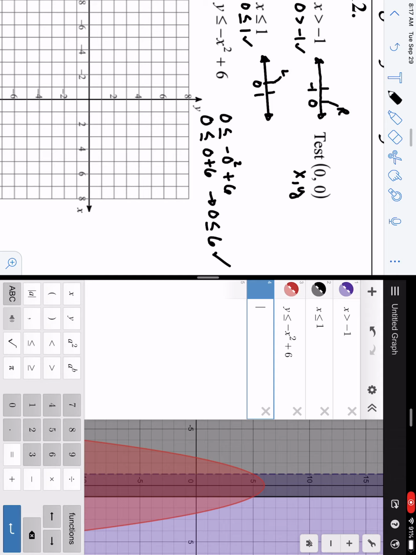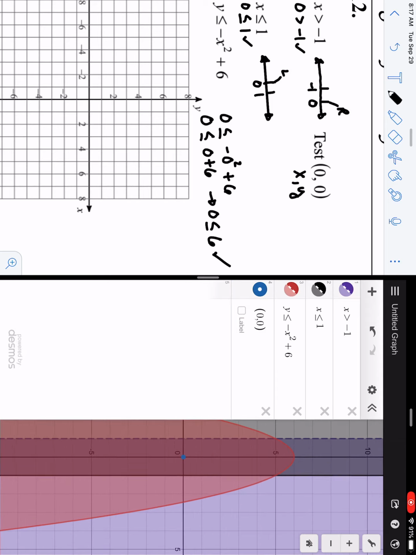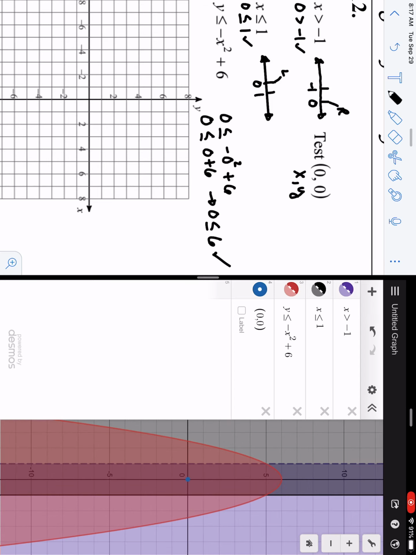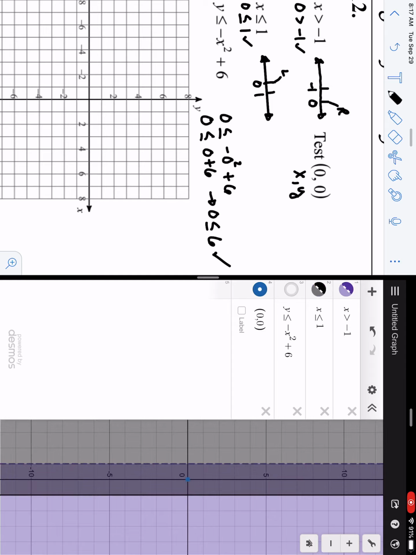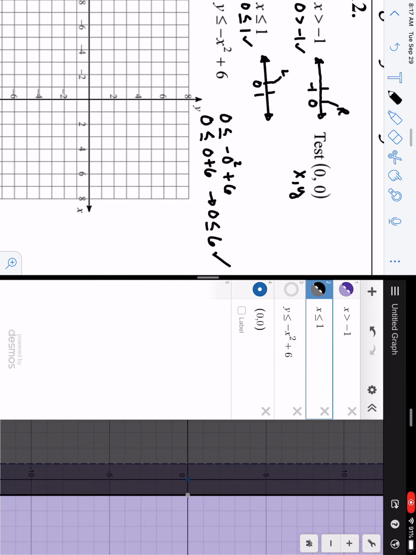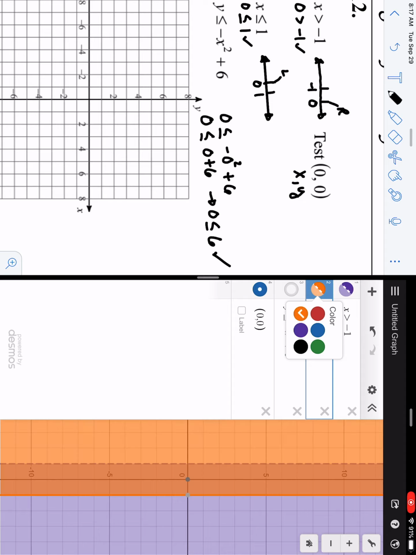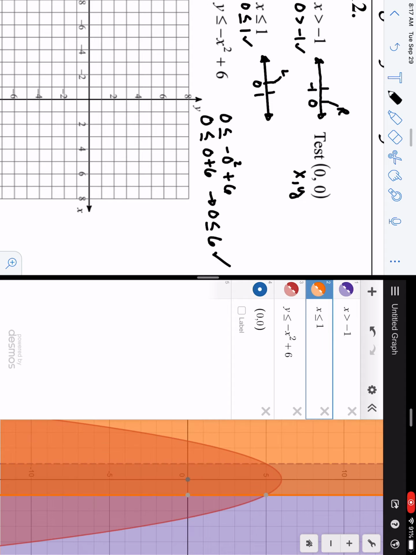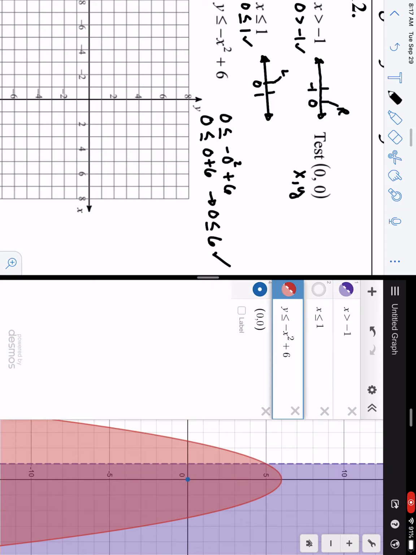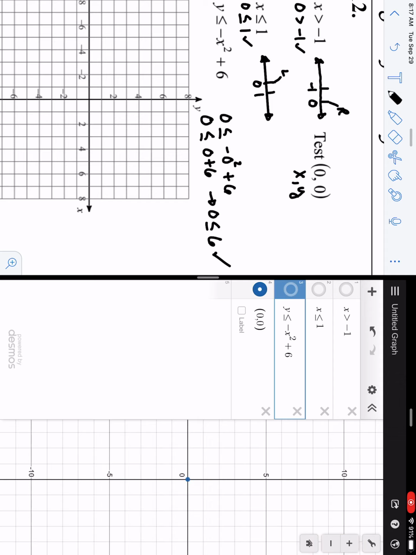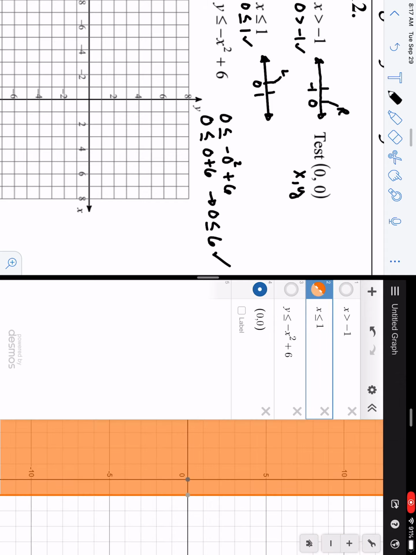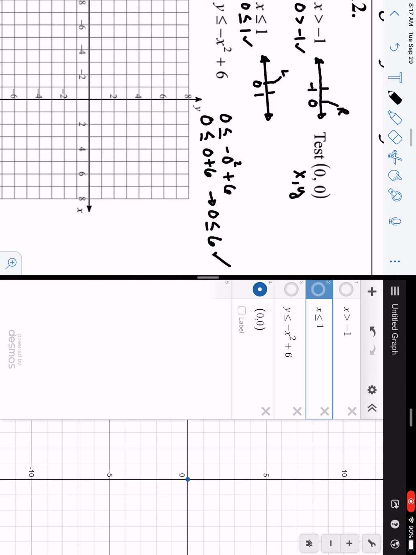And then again, we want to test the point 0, 0. And again, if I think about my shading, all right, so this blue dot is in the purple. Blue dot is also in the orange. This blue dot is also in the red.